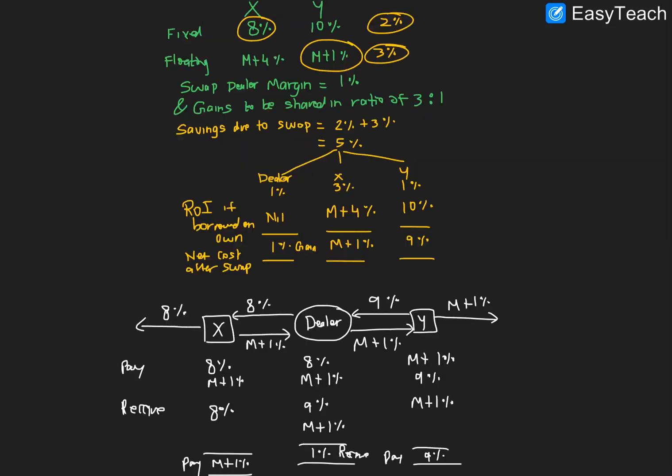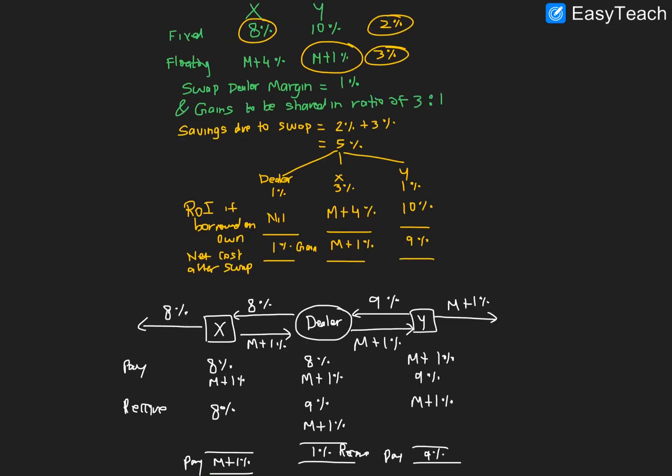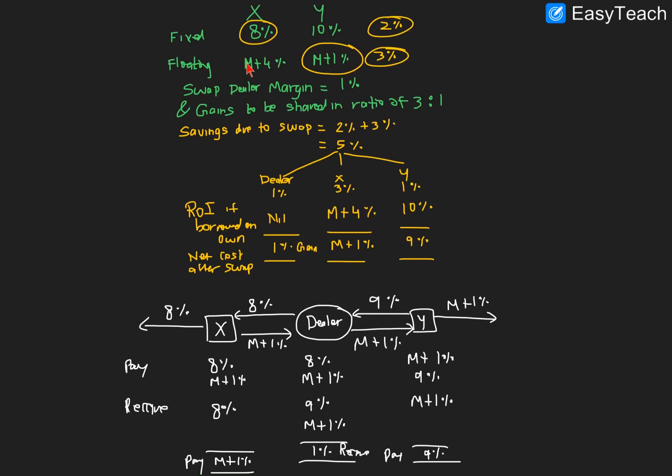So if you look at it, if X would have borrowed at a floating rate, it would have cost him MIBOR plus 4%, but now it is costing him MIBOR plus 1%, and if Y would have borrowed at a fixed rate, it would have cost him 10%. Now it is costing just 9%.